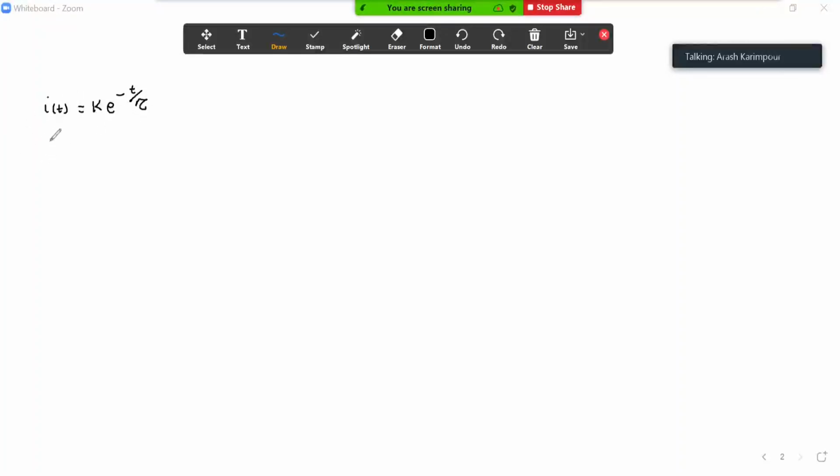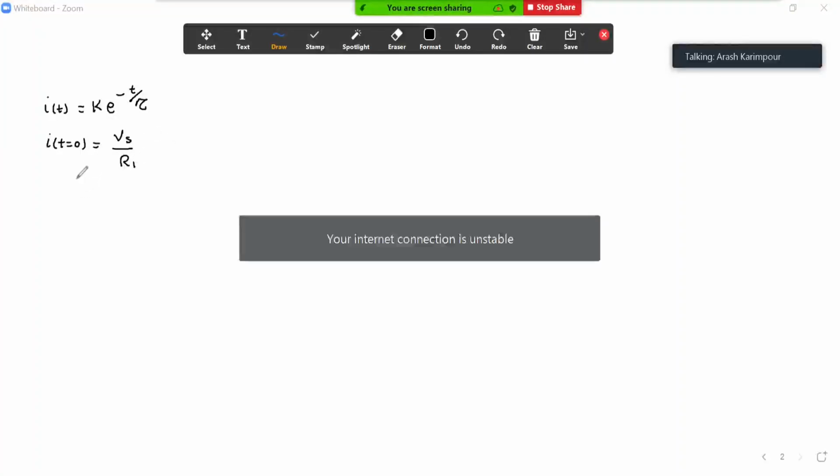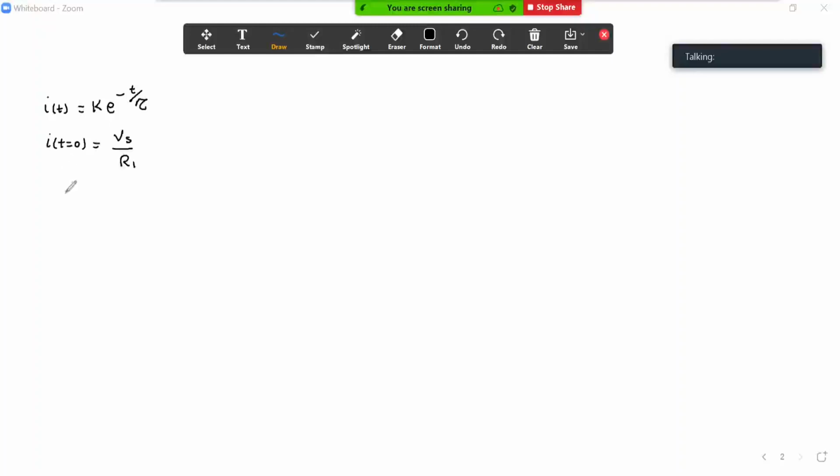This is the solution, and we know that at t equals 0, I is Vs divided by R1. And also we know the tau from the previous part.